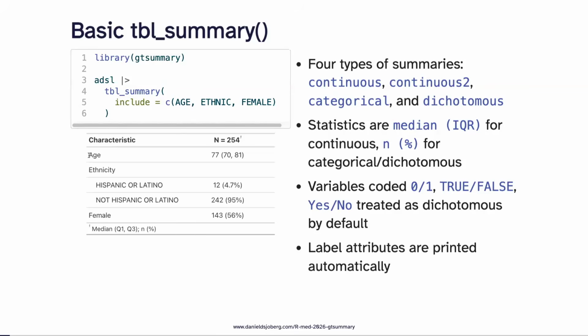You can also see that AGE is the column label for the variable, all capital AGE, and ETHNIC is the variable name, and Ethnicity is the label. So gtsummary not expects, but it will look much nicer if you label your data. I always encourage people to label their data. It's so important for reusing your data later. So that will be used if you have those. If you don't have any labels, just the variable name will appear here.